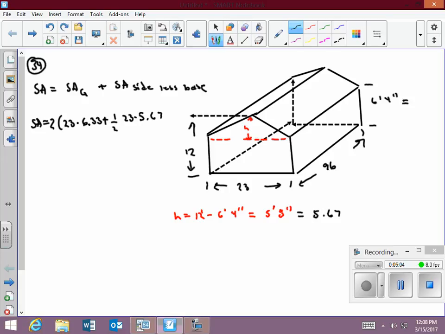This is 6.33. So that will give us the two ends.